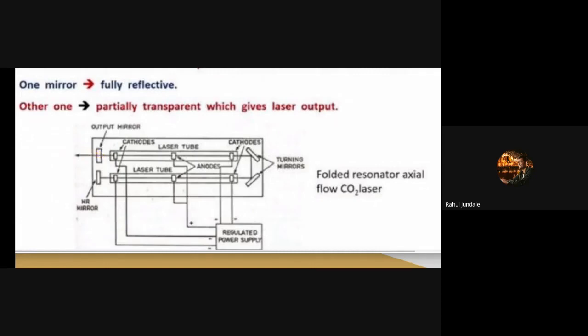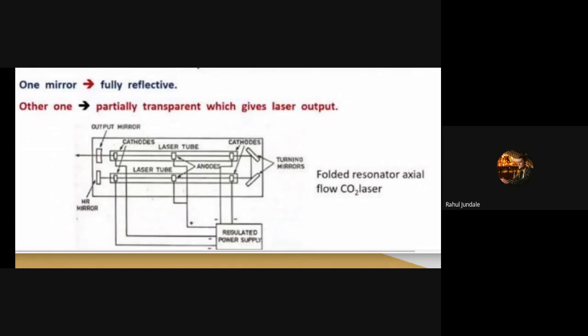You can see you have two cathodes here, and these are the anodes in the tube. These are the two electrodes, and they are useful for the production of the laser.